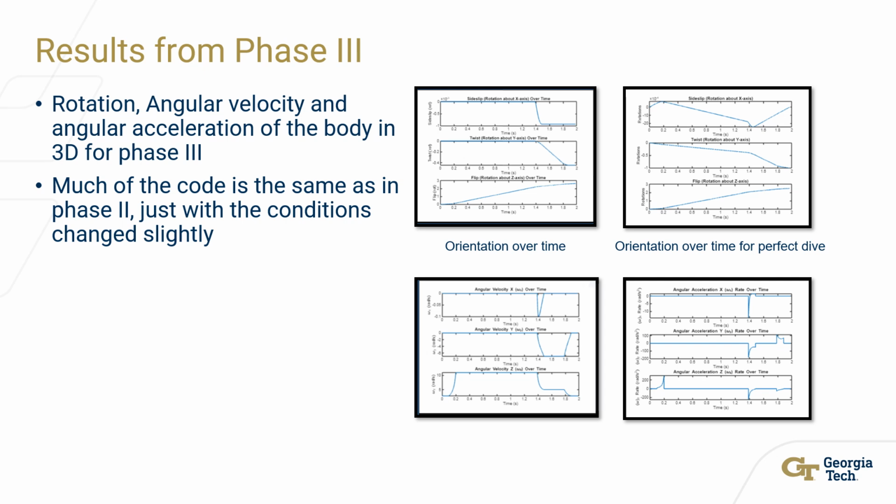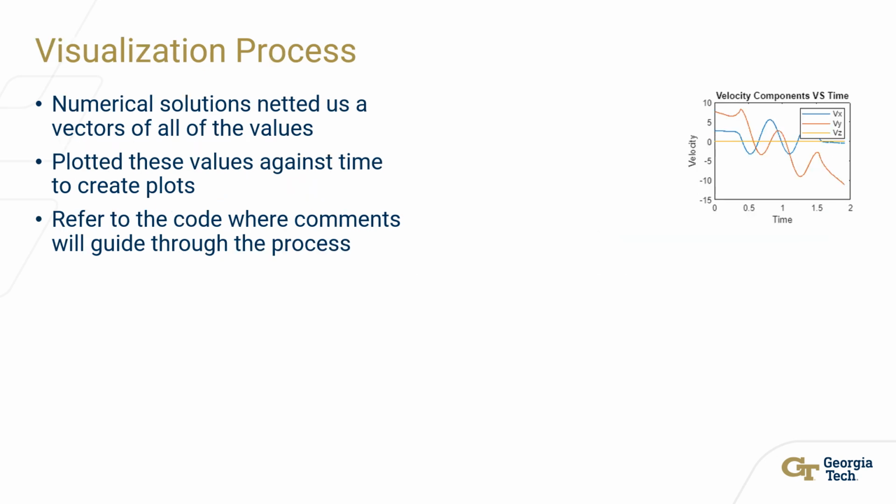The general process for visualization involved getting the numerical data from the code from the previous phases of the project and running a huge for loop through it and essentially just extracting the data that we need.